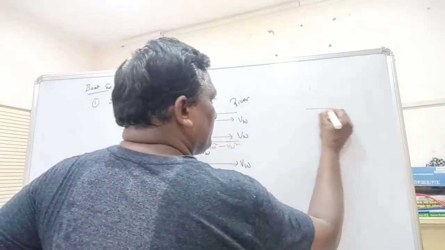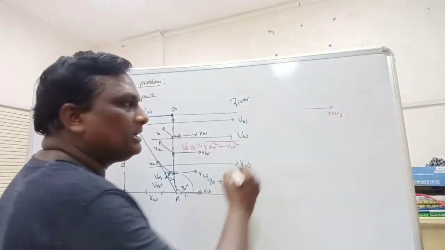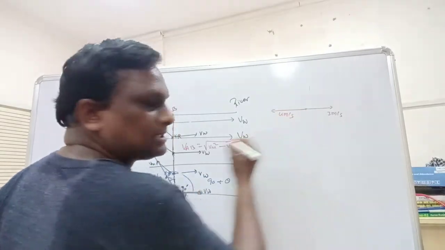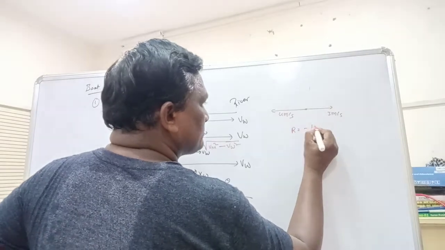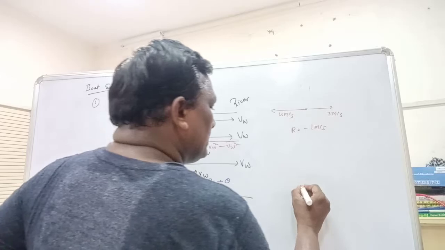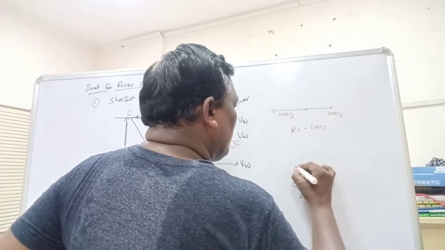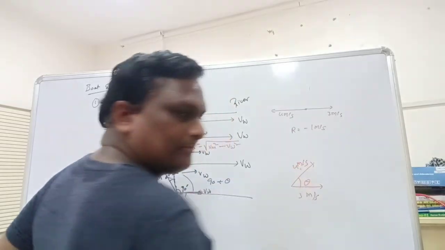Please listen. Suppose it is 3 meter per second, and you take 4 meter per second in the opposite direction. The resultant is equal to minus 1 meter per second. Directly you are taking. But now suppose it is 3 meter per second and 4 meter per second, and they are making some angle.